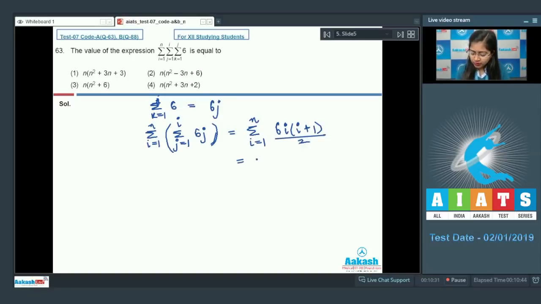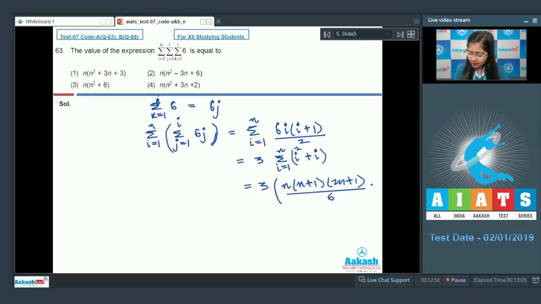So this will be equal to, taking 3 common, summation i going from 1 to n, i square plus i, right? Now that can further be solved as, it will be equal to 3 into, now summation of i square, where i is going from 1 to n, will be equal to n into n plus 1 into 2n plus 1 upon 6, plus summation of i will be equal to n into n plus 1 upon 2, right?